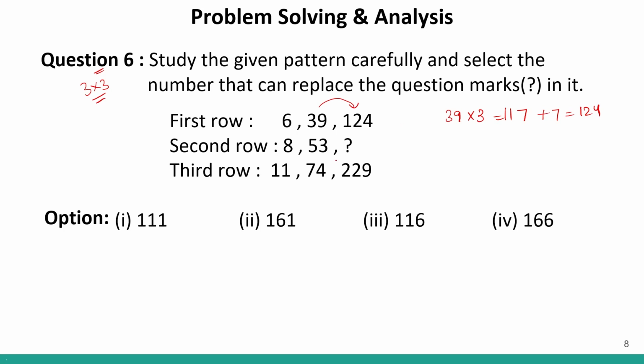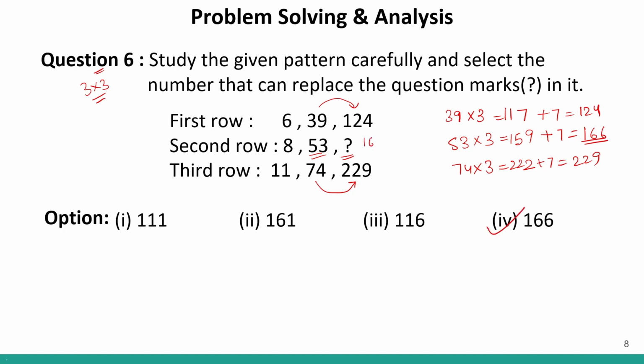Similarly, 74 into 3 will give me 222, plus 7 will give me 229. In the same way, this number will be related to this number. So 53 into 3 is 159, plus 7 will give me 166. So 166 will be my option, which is option number 4.